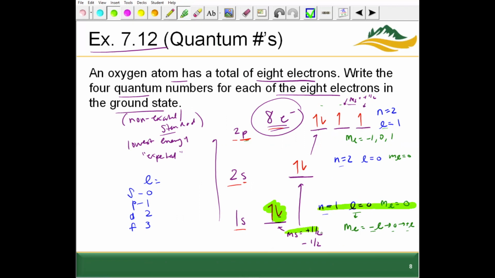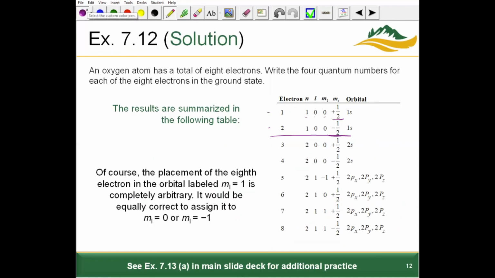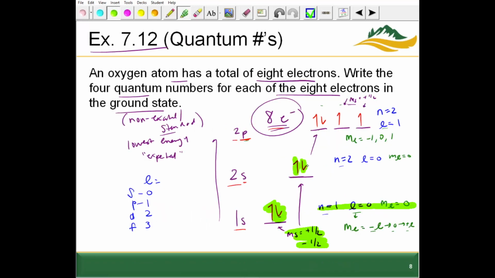Next, we were in the 2s orbital, so that was n equal to 2, L equal to 0, m sub L equal to 0. M sub s could be spin up or spin down, so those are those 2 electrons. That accounts for these 2 electrons here with this information.